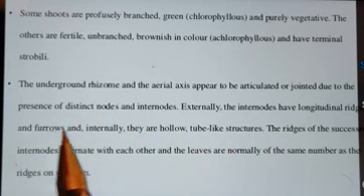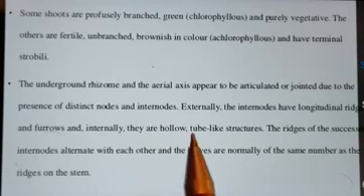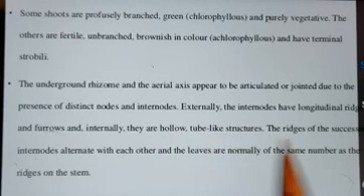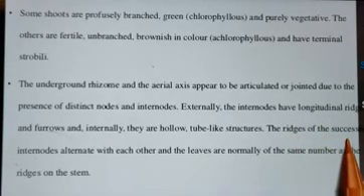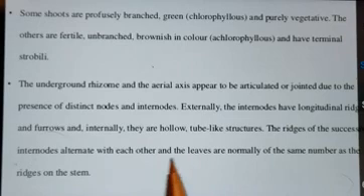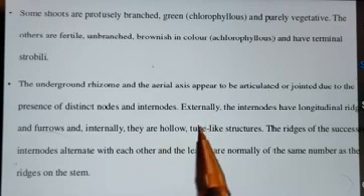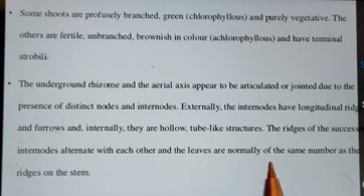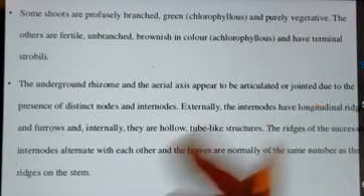Internally, they are hollow tube-like structures. The ridges of the successive internodes alternate with each other, one node internode, then node internode. Leaves are normally of the same number at each node of the stem.